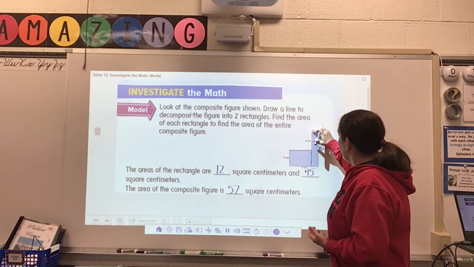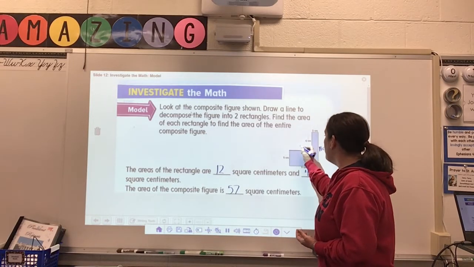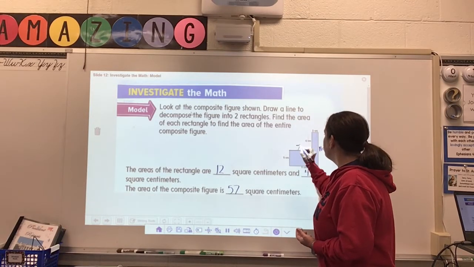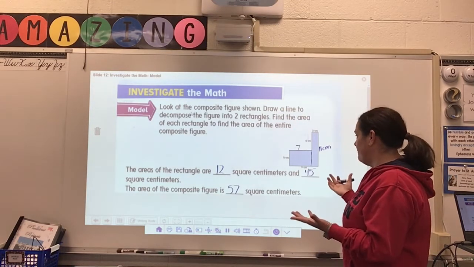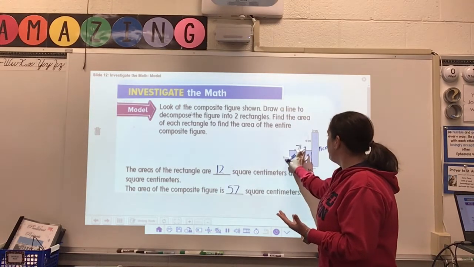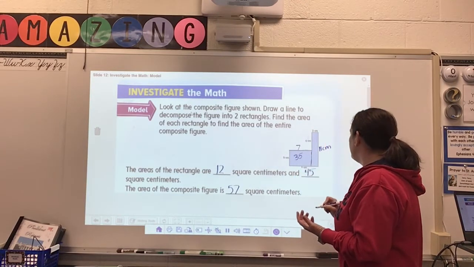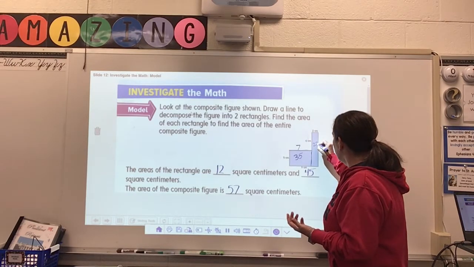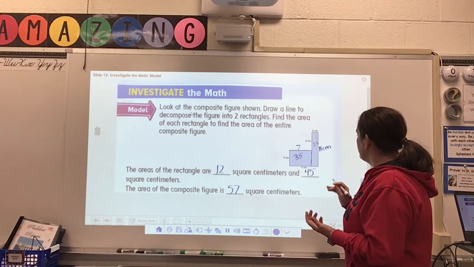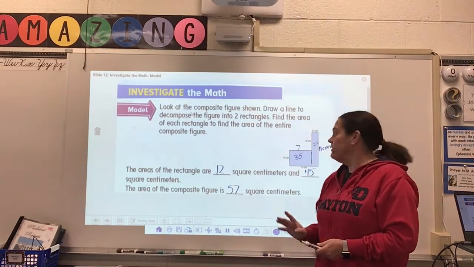I know that the length of this side is 2 centimeters, so I can use math to figure out that this side is 7 centimeters. So if I'm doing some multiplying, 5 times 7 is 35 square centimeters, and 2 times 11 is 22 square centimeters, and 35 plus 22 does still equal 57.